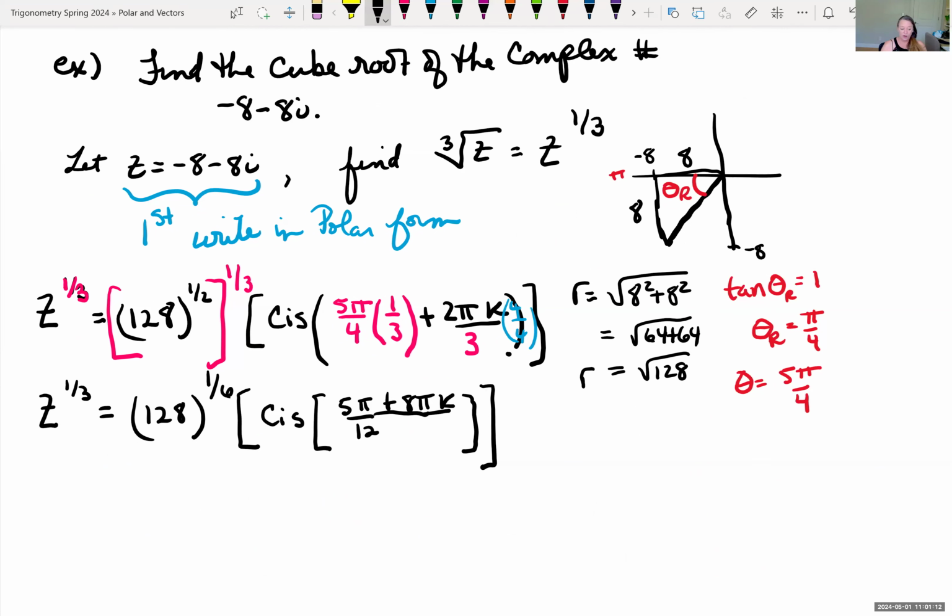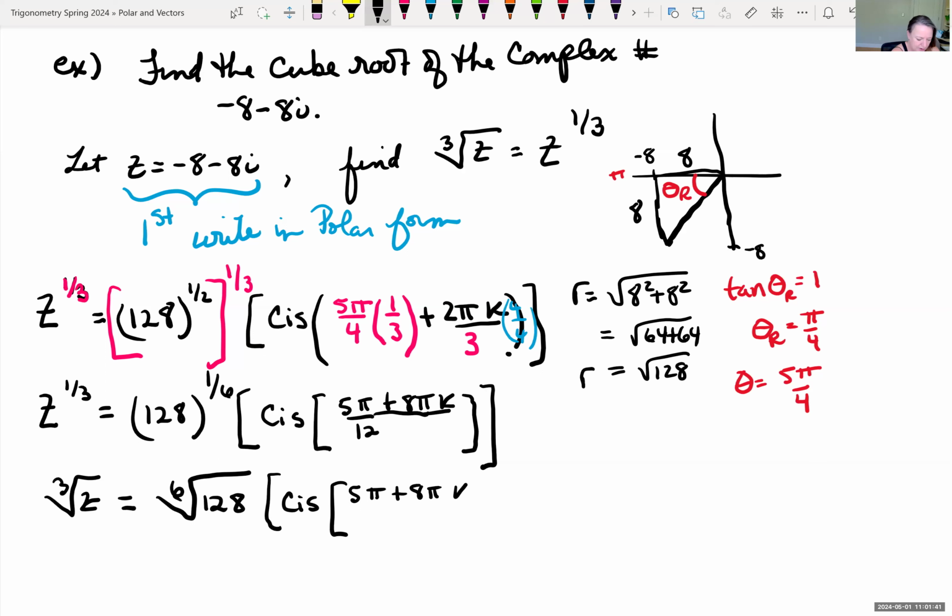Okay, so now we need to look at all of this. So we have the cubed root of z, the third root of that -8 minus 8i is equal to the sixth root of 128 cis of, again, this 5 pi plus 8 pi k over 12.